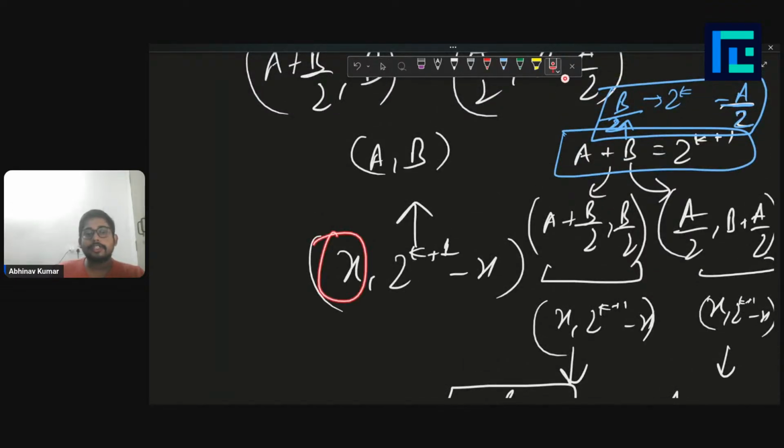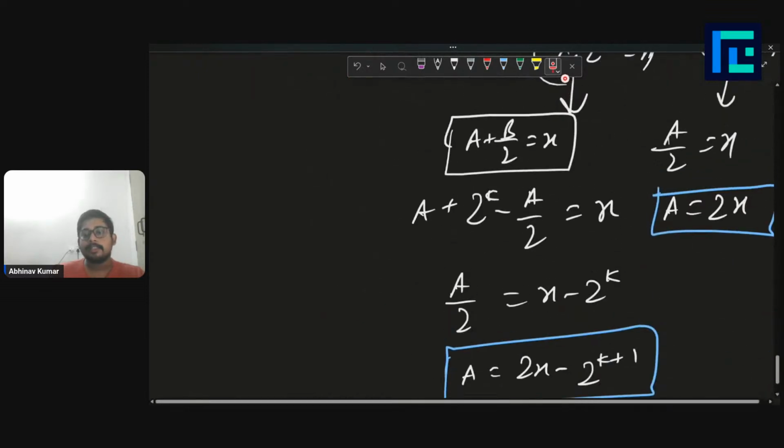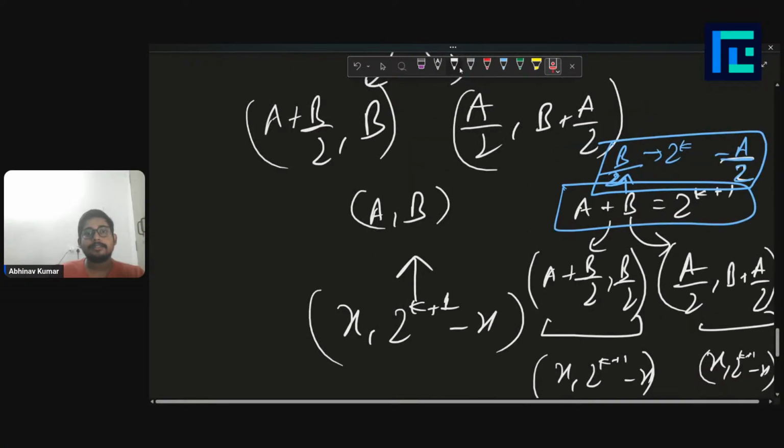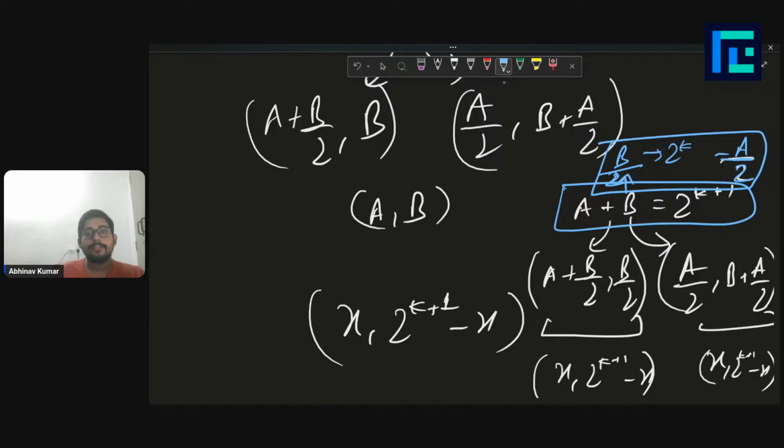If you want to reach a state where your value of a is x, then your previous state was either 2x comma whatever the remaining number, or 2x minus 2 to the power k plus 1.